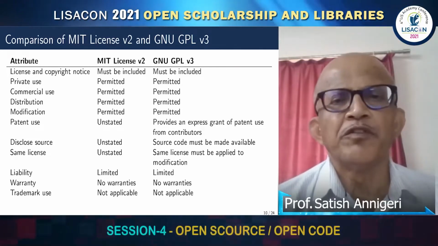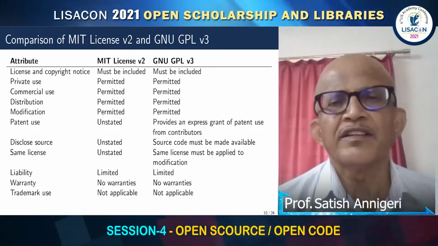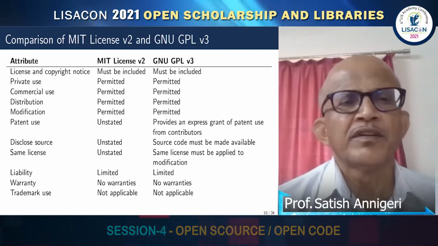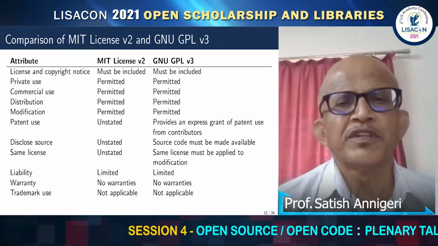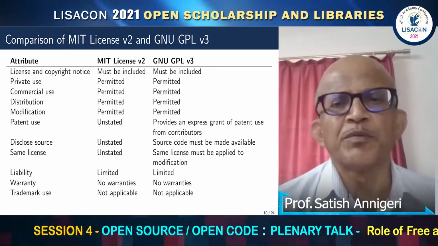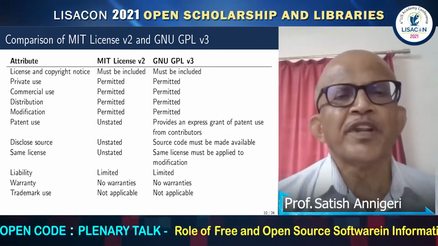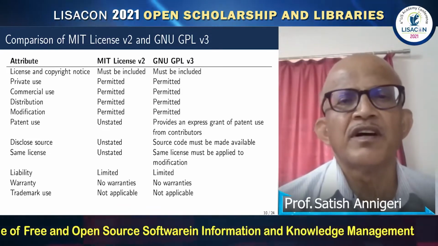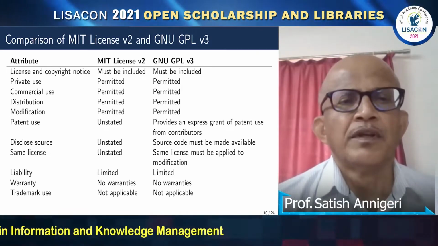For example, you will see that both the software licenses grant the following permissions. Private use is permitted, commercial use is permitted, distribution is permitted, modification is permitted, and license and copyright notice must be included. All these are included in both the licenses.